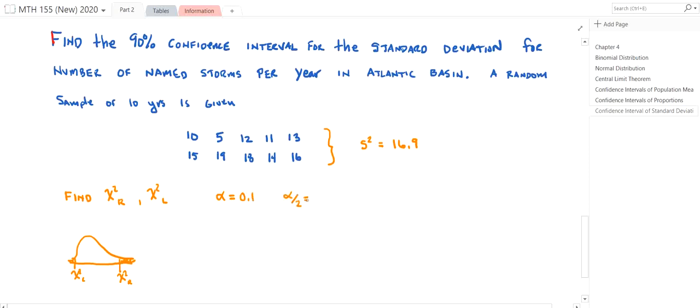So alpha over 2 is 0.05. So that's our area there. That's our area there. Of course, in here we have 90% of the data.